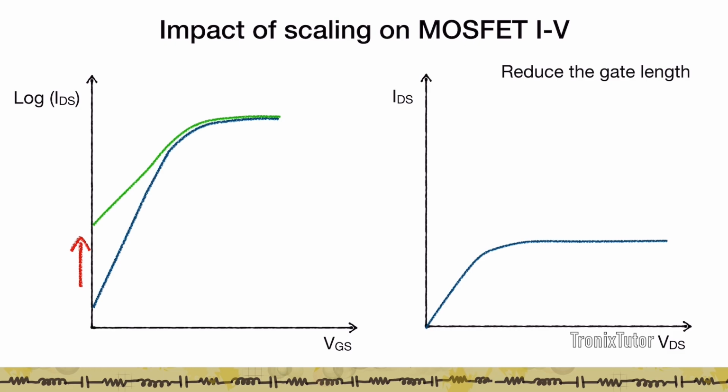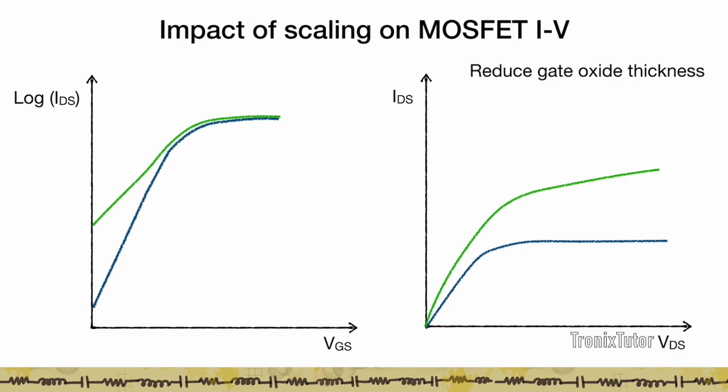On the IDVD characteristics, or the output characteristics of the transistor, what you end up seeing is, even though the current goes up, saturation is no longer a constant feature; rather you see a slope in the saturation current, and this is due to the pinch-off that occurs.